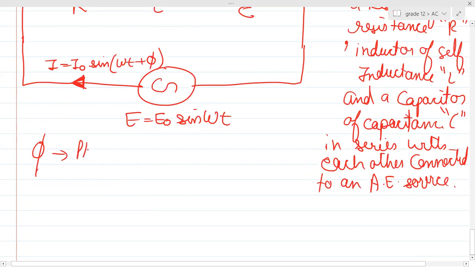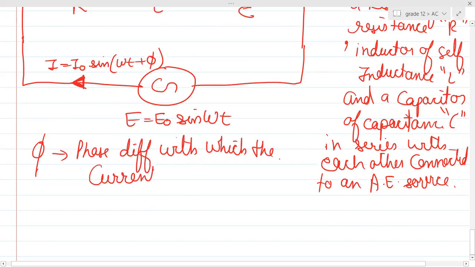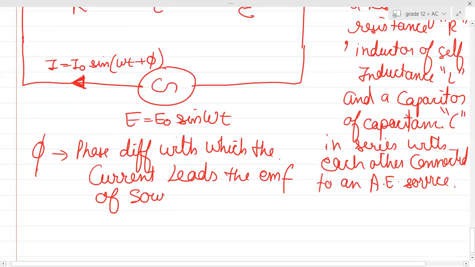Phi is basically the phase difference with which the current leads the EMF. Current leads the EMF of the source.